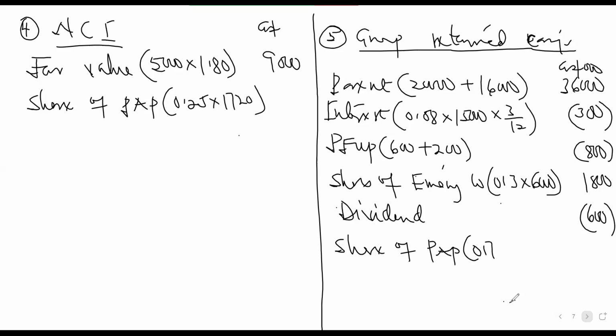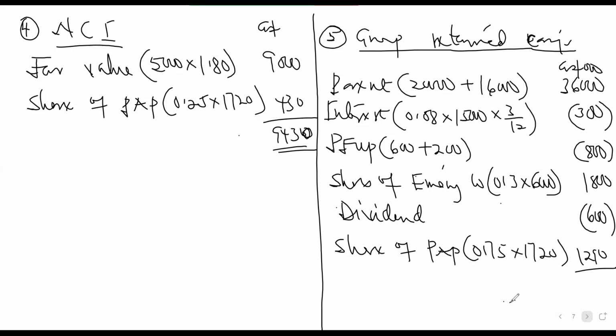So 0.25 multiplied by 1720 is 430 for NCI. So 9430. Okay, the parent is what? 1290.